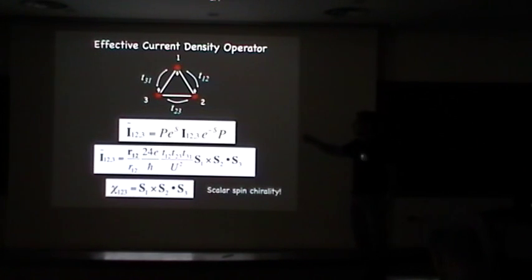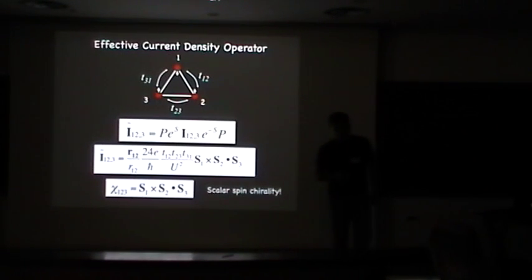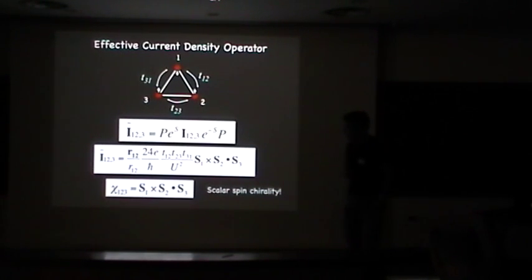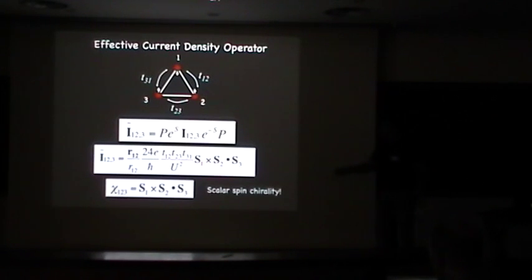For the case of the current, as I was saying before, the effective current operator is proportional to this triple product between the 3 spins, the so-called scalar spin chirality. So again, this is the order parameter that you need in order to get spontaneous orbital currents, right?